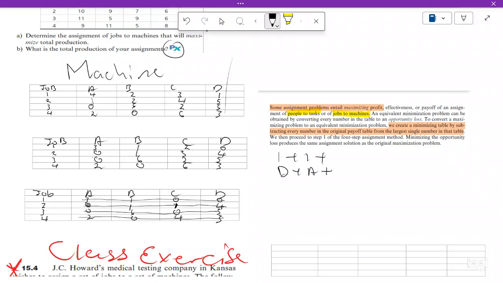So here you would say subtract with the biggest number.